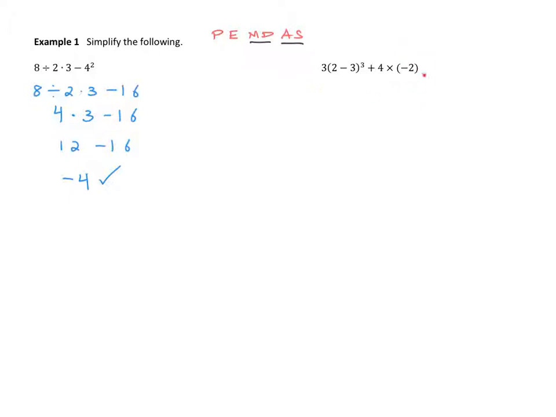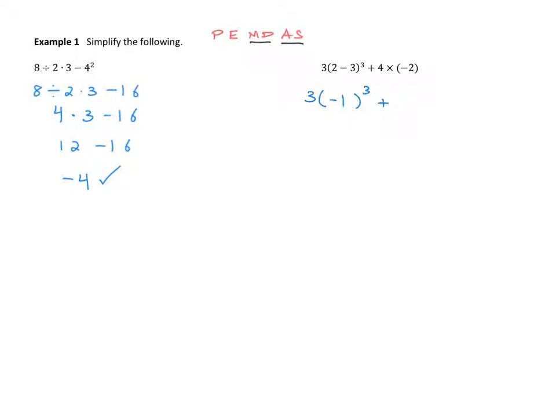So looking at this expression, there's parentheses here, but there's only one term in it, so there's actually nothing to do. So I'm going to focus on this set of parentheses first. All right, I have 3. I have to deal with this 2 minus 3, which is negative 1.